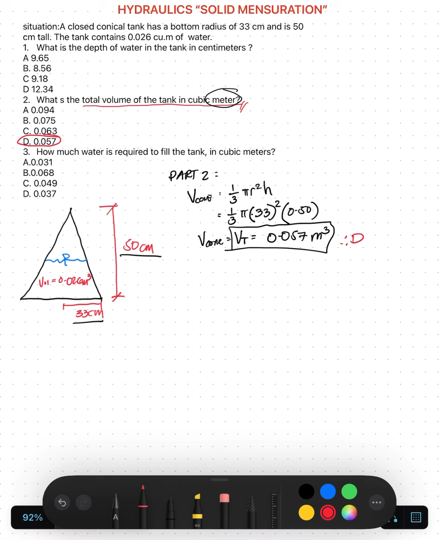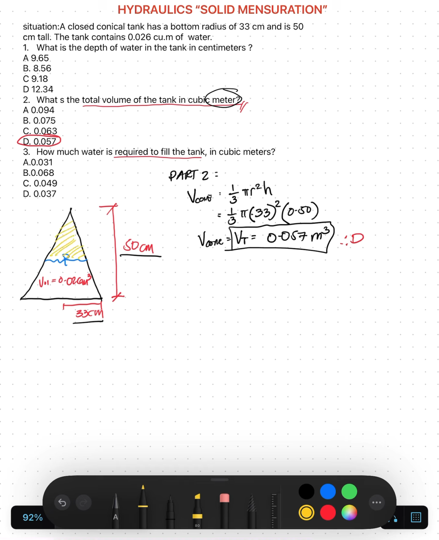Next, the next item that we can answer is this one. How much water is required to fill the tank? To fill the tank full, we need to fill this one.